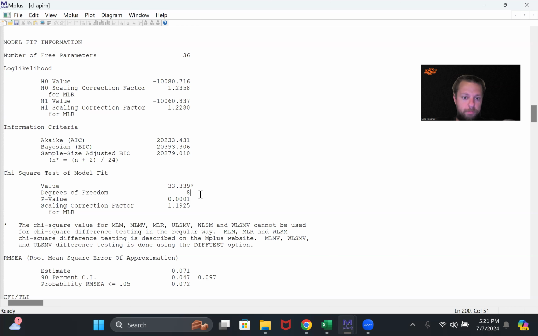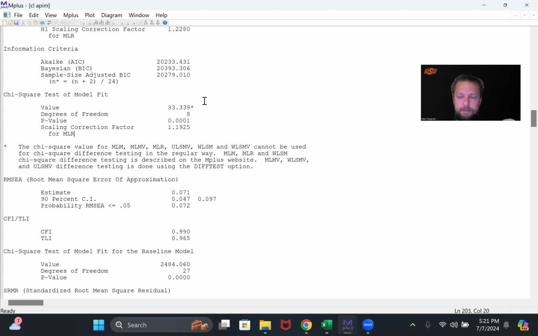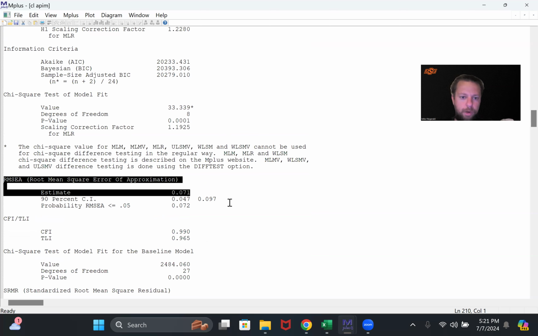This still is not good, even by how sensitive the chi-square is. We still just have very few degrees of freedom. Our chi-square is still quite significant. Our CFI and our TLI are behaving quite well. Our CFI is brilliant. Our TLI is actually quite good. Our RMSEA, it's still not great.